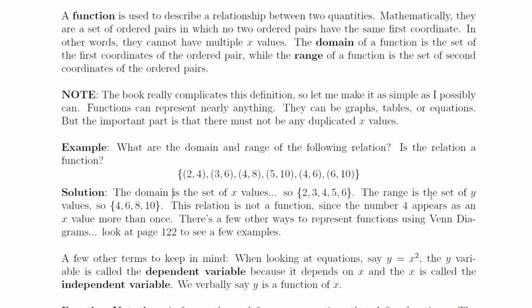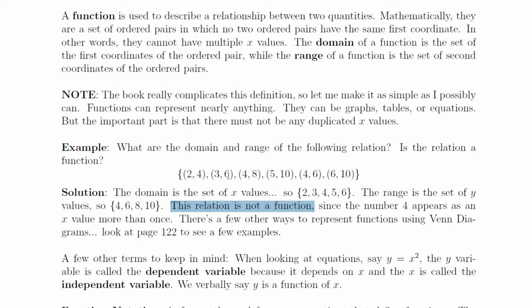The range is going to be just the y values. So 4, 6, 8, 10, and then 6 and 10 are duplicates, so we don't need to rewrite them. So the range is the set of y values. Domain is the set of x values. The range is the set of y values.